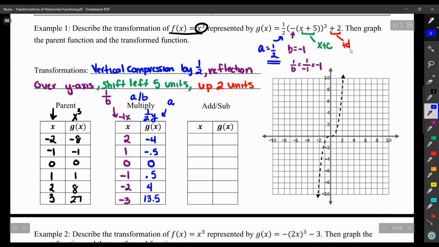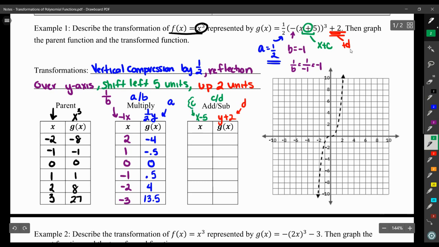Now the final transformation is your add and subtract. So this is c and d. c is what affects the x's, d affects the y's. Well, the y's are the ones that make sense. So since d says +2, we're going to take all of our y's and add 2. C's are the ones that are backwards. So since this says +5, we're actually taking our x's and subtracting 5.